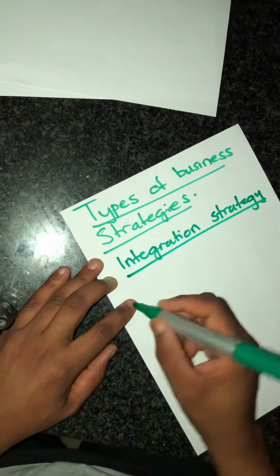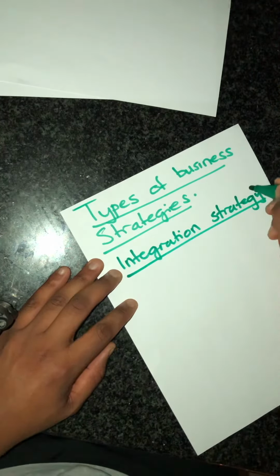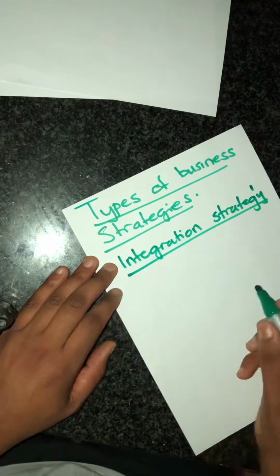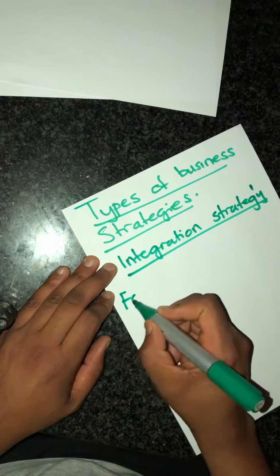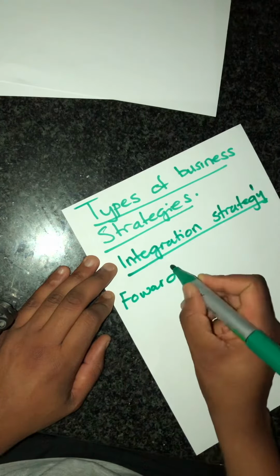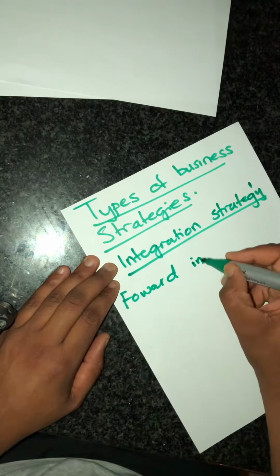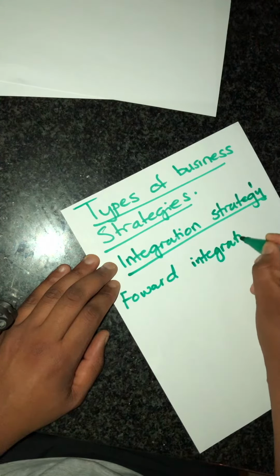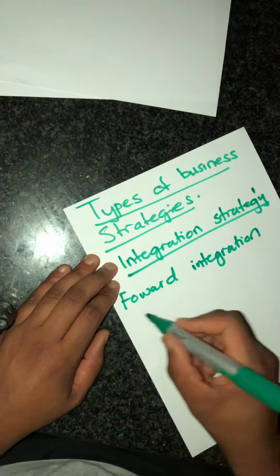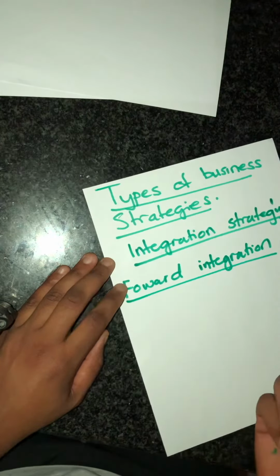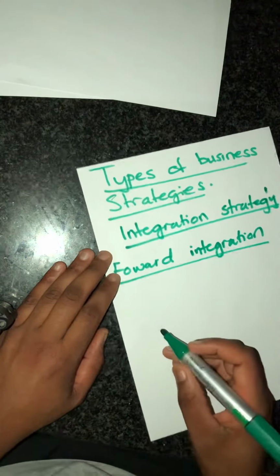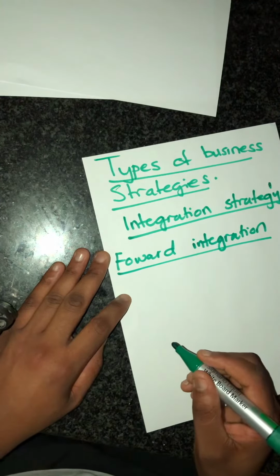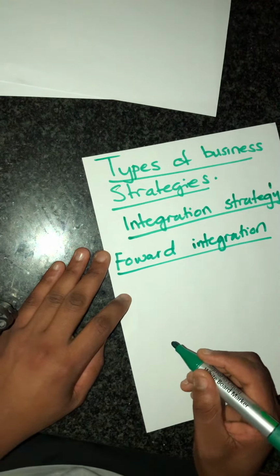Now, integration strategies, rather, there are three of them, and the first one I would like to discuss is called forward integration. As for forward integration, I'll explain it to you and give you an example. It is when the business combines with or takes over its distributors.